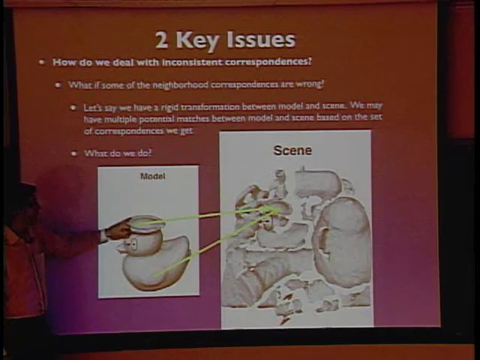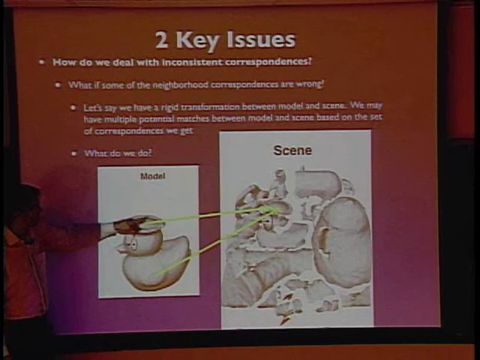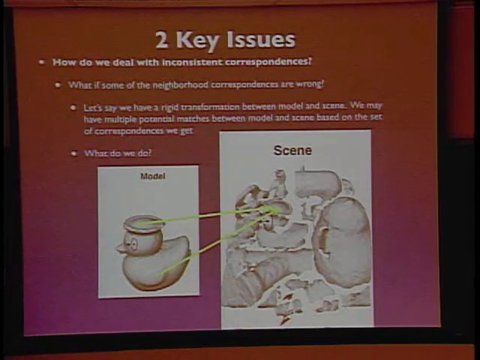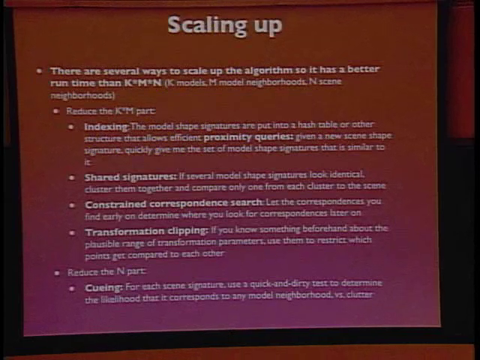You can do this if you are fairly confident that this correspondence is a real one. But that's the catch: if you start excluding the possibility of some correspondences later on, because some of the earlier ones are pretty good, the earlier ones had better be right, or else you have just caused problems later on in the process. So it's constrained correspondence search.